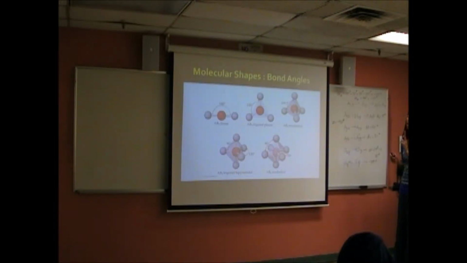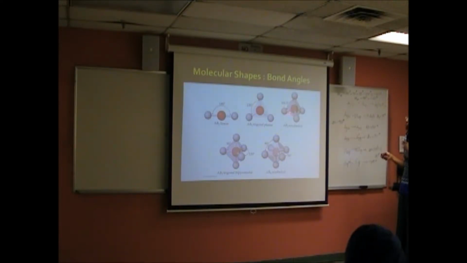So here, molecular shapes and bond angles. Yes, you must remember your bond angles. If you have linear, you have 2 things bonding around the central atom, that is 180 degrees away from each other. Trigonal planar has 3 bonding arms, the angle is 120.